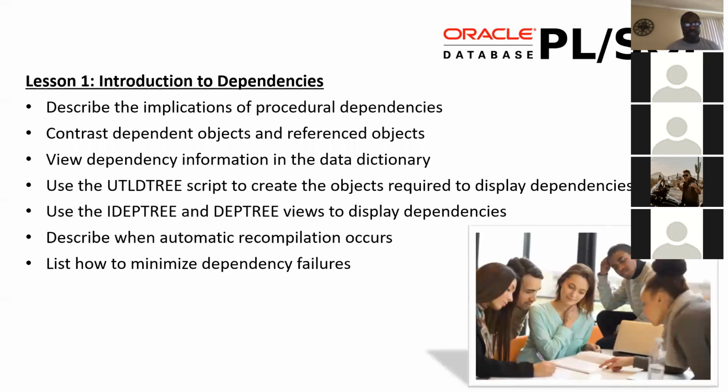So I'm going to go through lesson 1, and the objectives are: describe the implications of procedural dependencies, contrast dependent objects and reference objects, view dependency information in the data dictionary, use the utldtree script, and we are going to try and run that, but use that script to create objects that require, basically you're going to display the dependencies, and then the ideptree and the deptree to actually view and display dependencies.